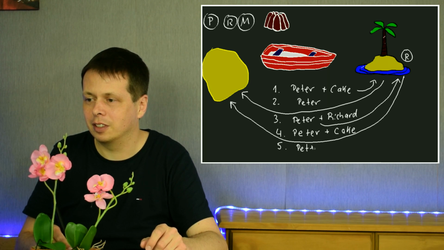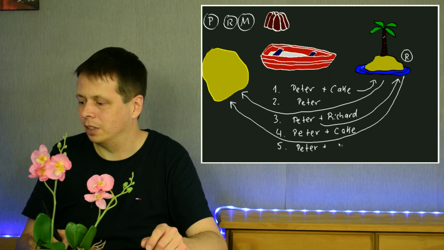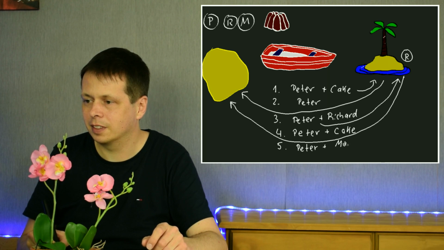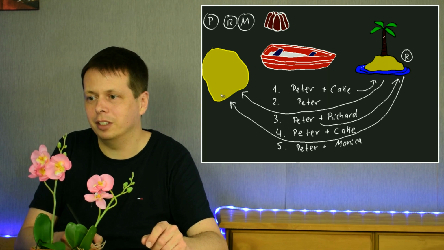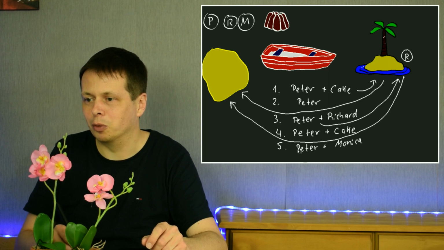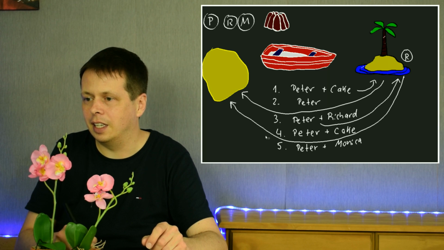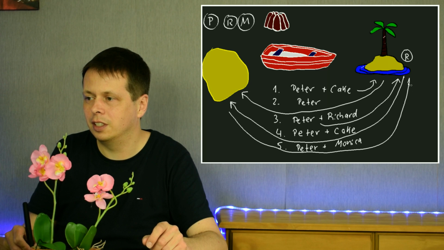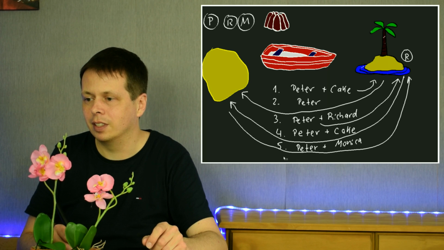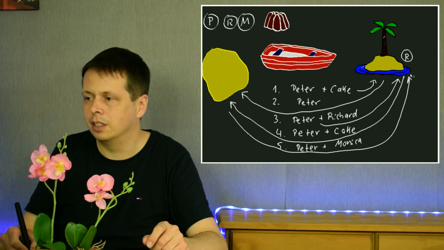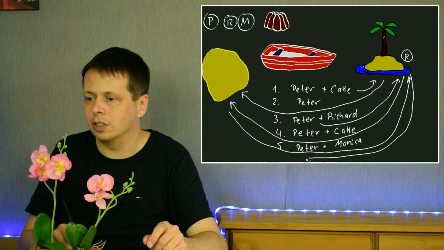Peter takes, or picks up, Monica and the cake is now here. So no friend is alone with the cake. And goes from the beach to the island. And then, there's no space left. Peter goes alone.